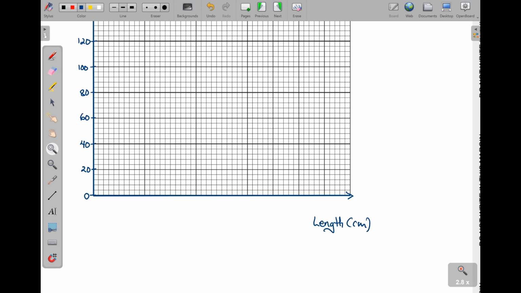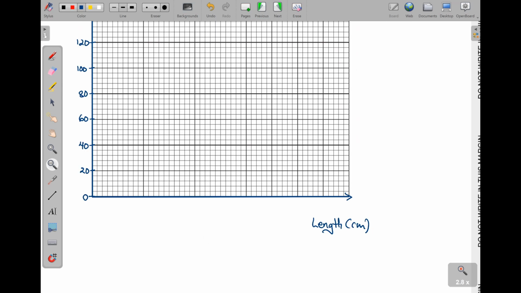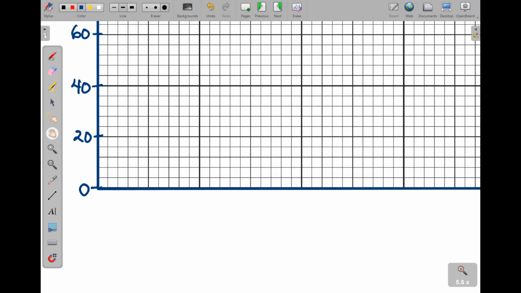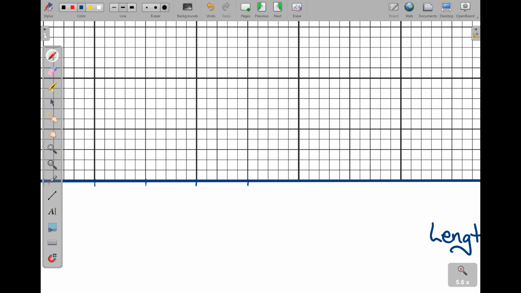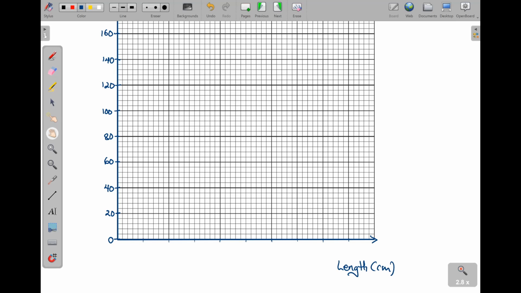Let me try to zoom a little bit such that we can see the markings very well. Every after 5, I have here, here, here, here, then here and there. So that is that.